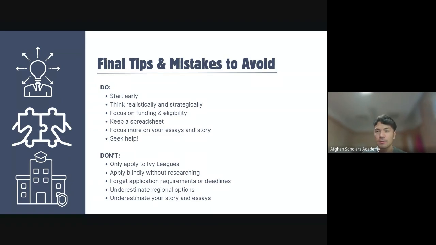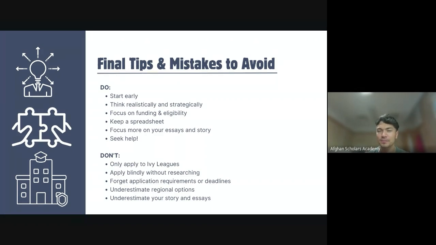Sometimes people just randomly apply, like I myself did, but don't blindly submit your application to a random university. And do not forget application requirements or deadlines. Do not wait till the last minute and then say, oh, I missed this deadline. Make yourself organized.